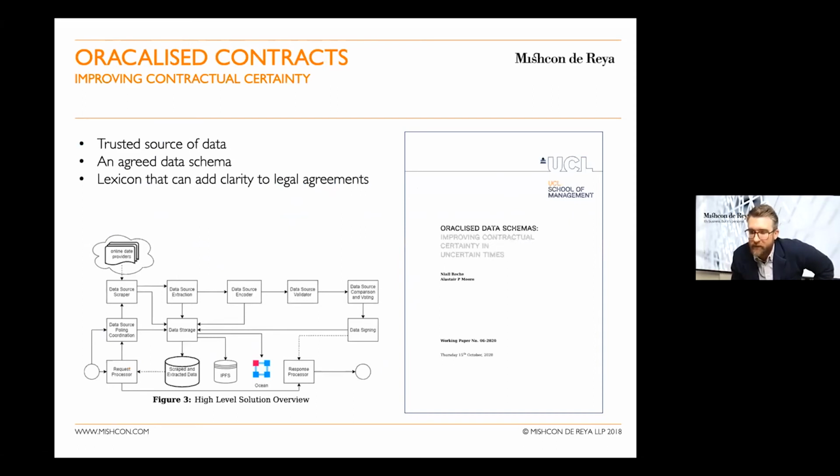That's using DLT technologies as oracles or registers of data that you might want to build contracts off the top of. And we thought a little bit and did a bit of work around data schemas, in this case in the context of COVID. So for example, leases that you might want to switch between fixed rental payments through to share of turnover based on whether or not you're allowed to trade.